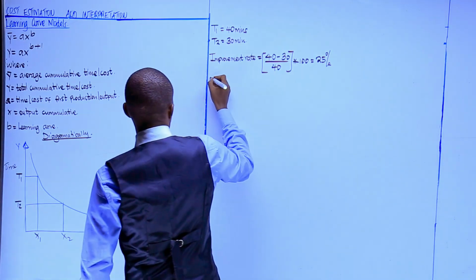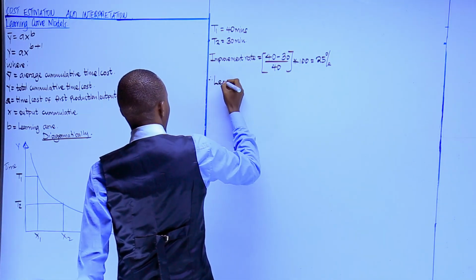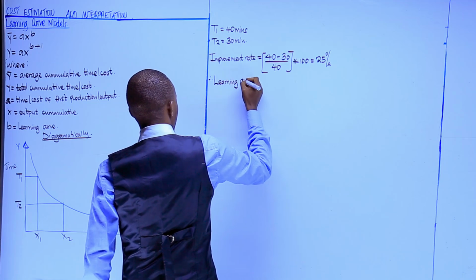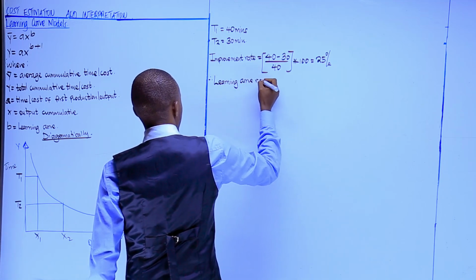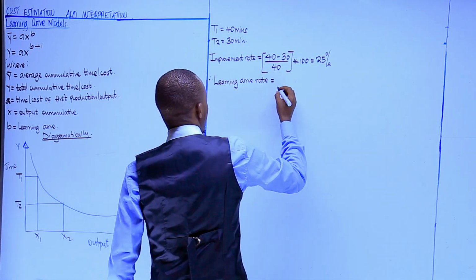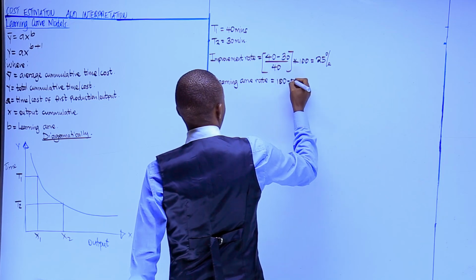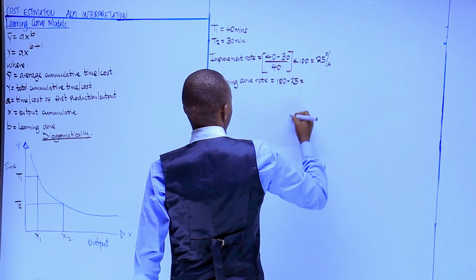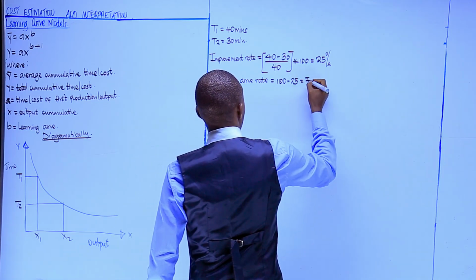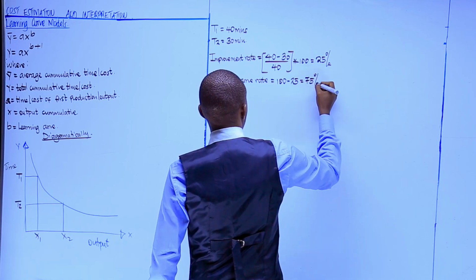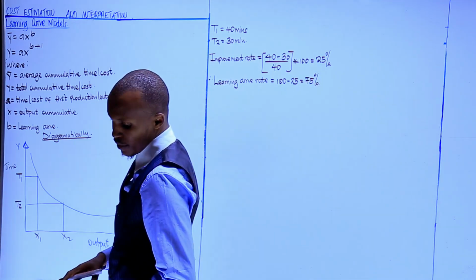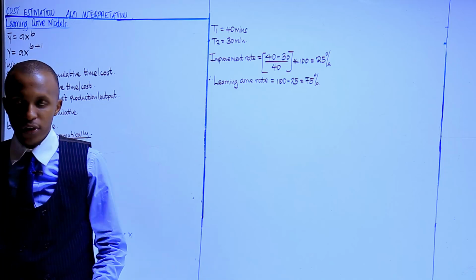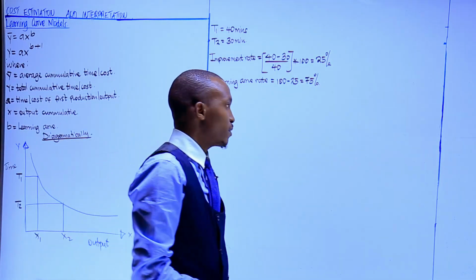Therefore, we can say your learning curve rate will be 100 minus 25, which is equal to 75 percent.